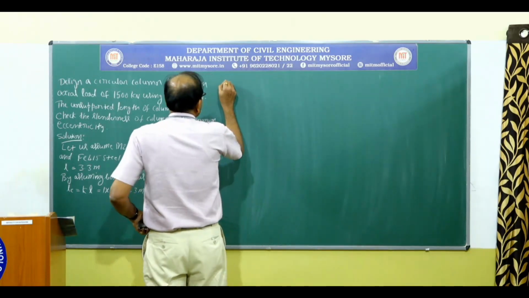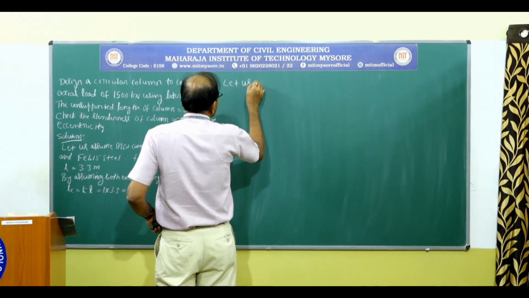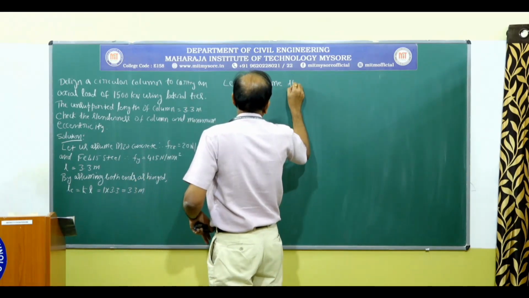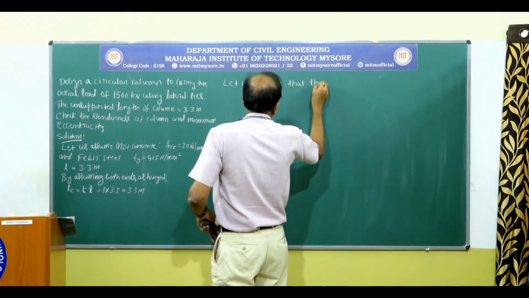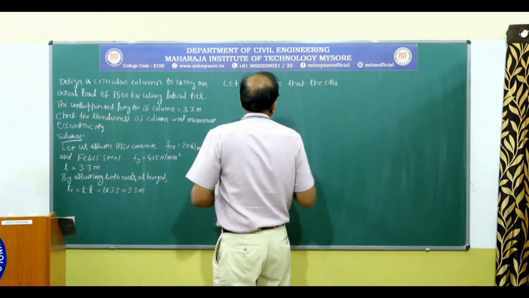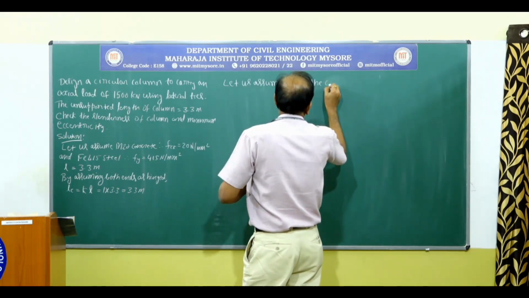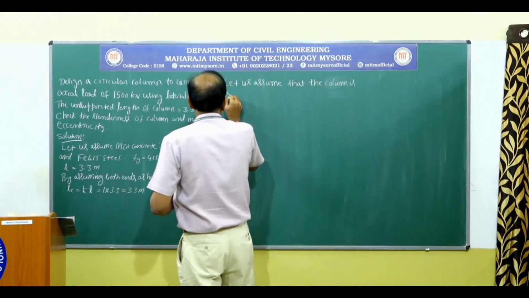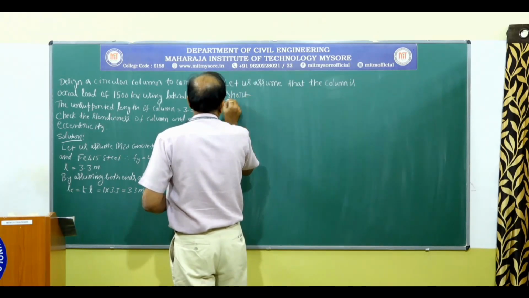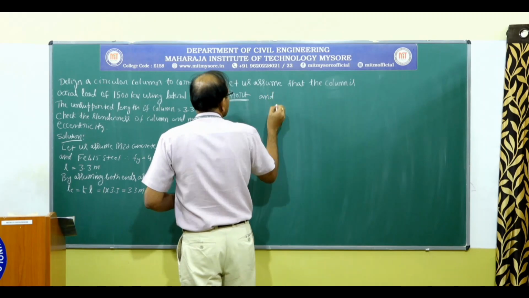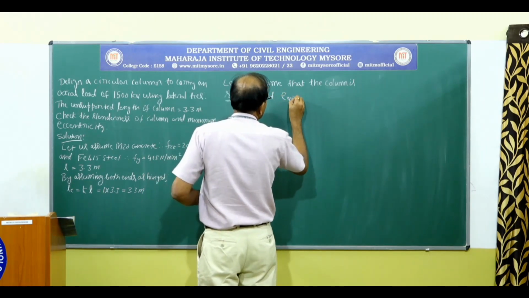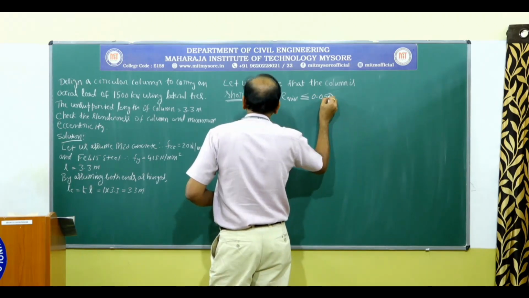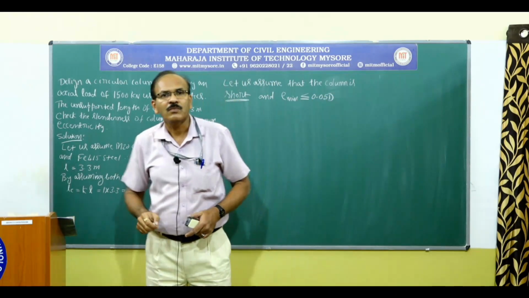So let us assume that the column is short and e minimum should be less than or at most equal to 0.05 D. Okay.